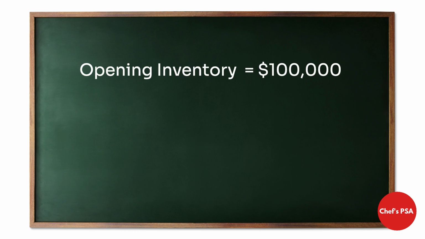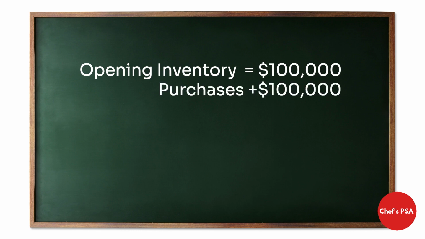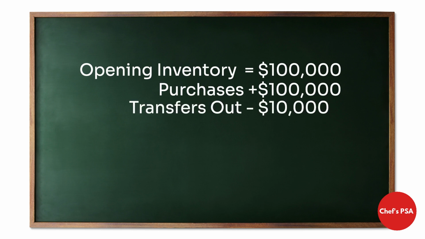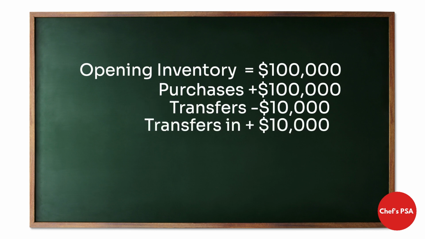Your opening inventory was $100,000. You added $100,000 in purchases. So now you're sitting in the bank with $200,000 worth of product, right? What you opened with and what you added. Then you subtracted that $10,000 in transfers. Now that leaves you at $190,000. You added in the additional $10,000 in transfers in. That, again, balances out.